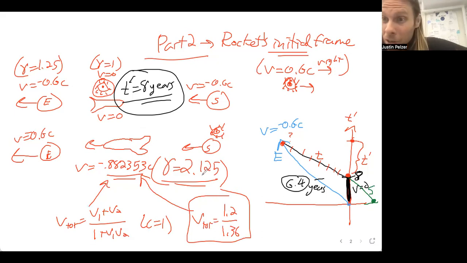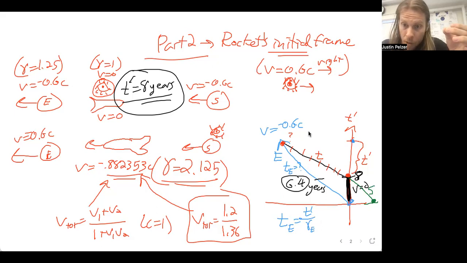Please check my work. Please do it on your own, and please map out the time experienced by the Earth. How much time is experienced by the Earth? Well, that's going to be t prime total, which is from here to here, over gamma for the Earth.